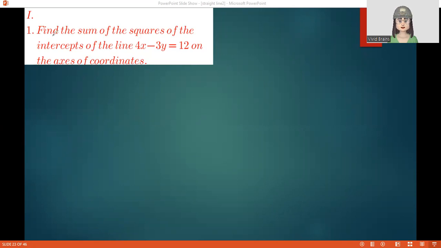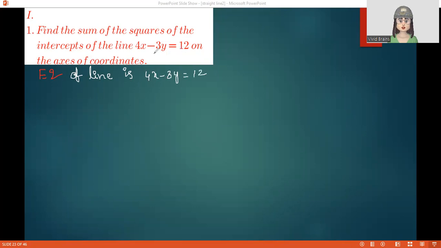The equation of the line is 4x minus 3y is equal to 12.